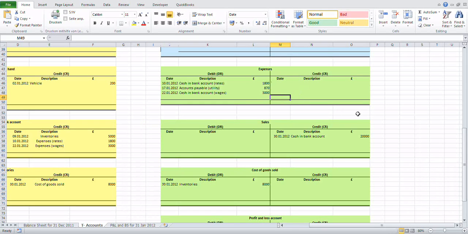And now make sure to select the last line on the credit, within the T account, not here. Here we're closing the account on the 31st of January 2012. This goes against the profit and loss account.